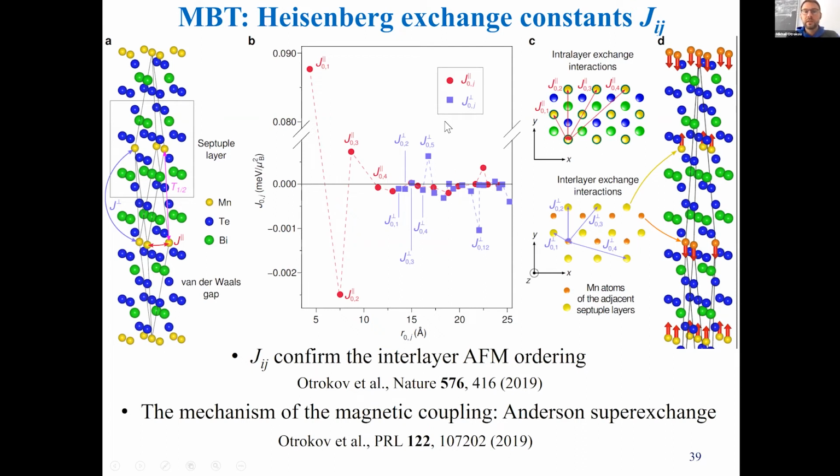While if you carefully analyze the interlayer exchange coupling and go sufficiently far away to take into account the required number of magnetic parameters, you will end up with the conclusion that the neighboring layers are coupled antiferromagnetically. On top of that, the magnetic anisotropy was found to be perpendicular to the manganese layers in ab initio calculations, and the mechanism of the magnetic coupling in this system is Anderson superexchange.